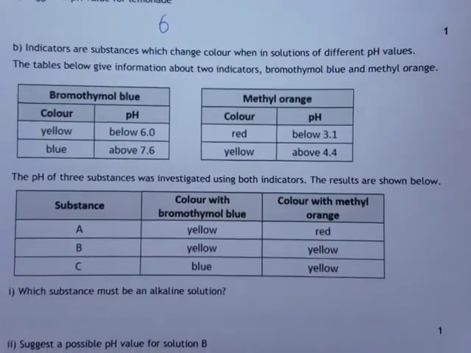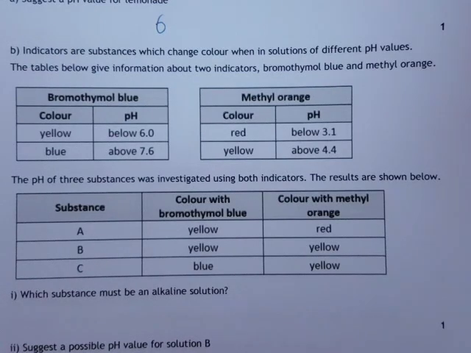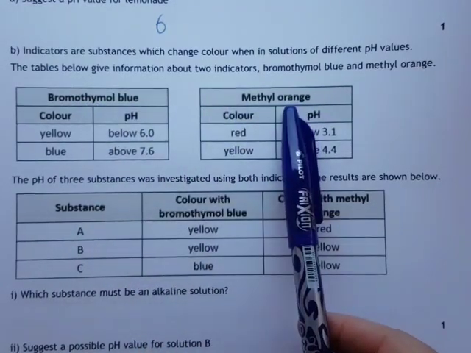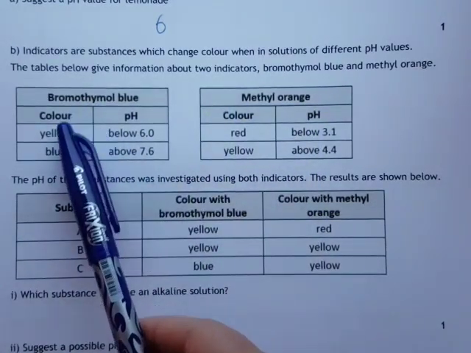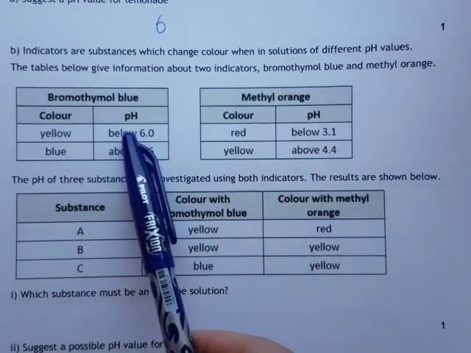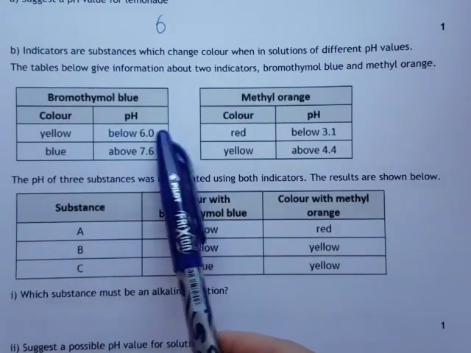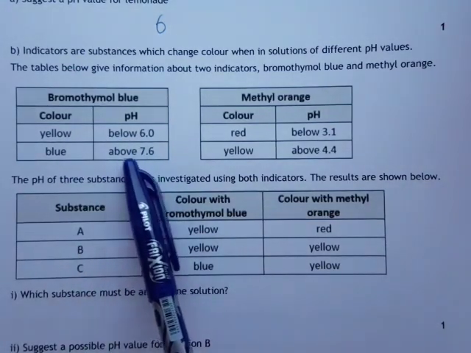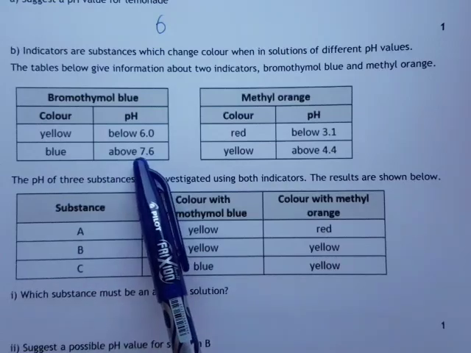Part B says indicators are substances which change colour when in solutions of different pH values. The table below gives information about two indicators, bromothymol blue and methyl orange. So you've got a table for bromothymol blue here and a table for methyl orange, and it gives you different colours. So it tells you that bromothymol blue is yellow if it's in a solution with pH below 6, and it's blue if it's in something with pH above 7.6.